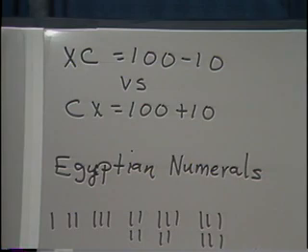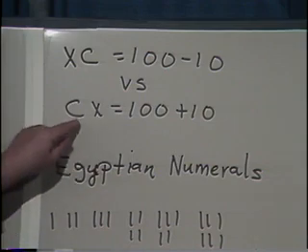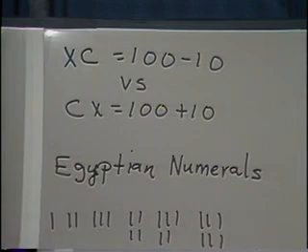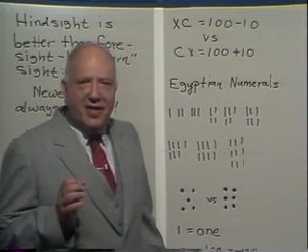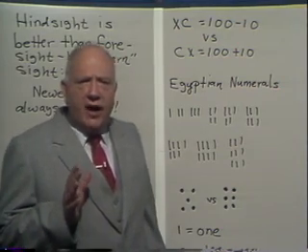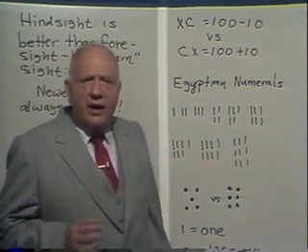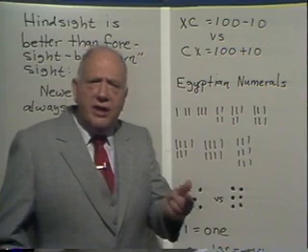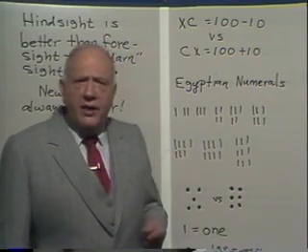Sort of like saying 10 minutes before 6. Versus if you put the X after the C, then it's read as 110. It's like 10 minutes before 6 versus 10 minutes after 6. But what made this thing difficult is that a C is always 100, an X is always 10. Why should the addition or subtraction depend on the placement?